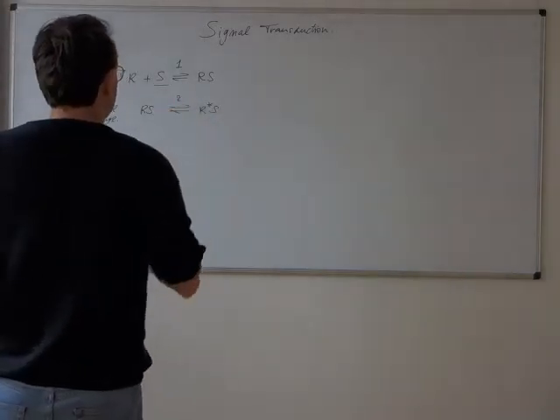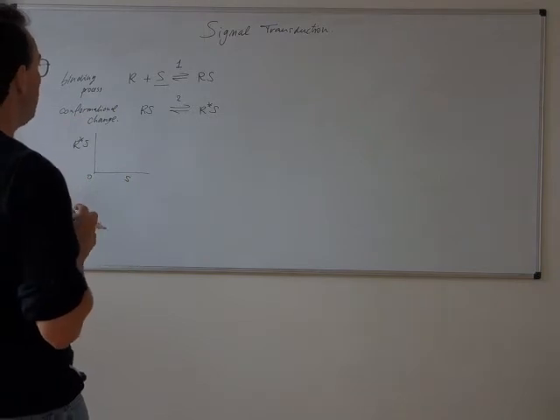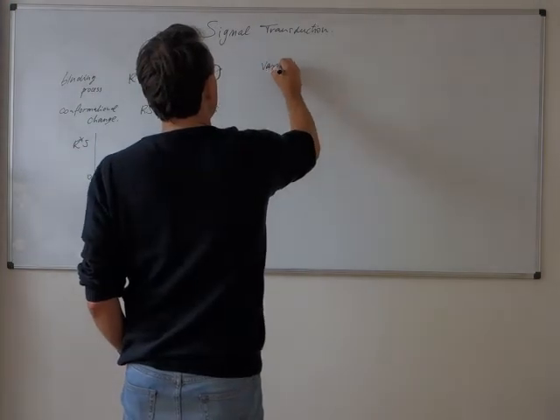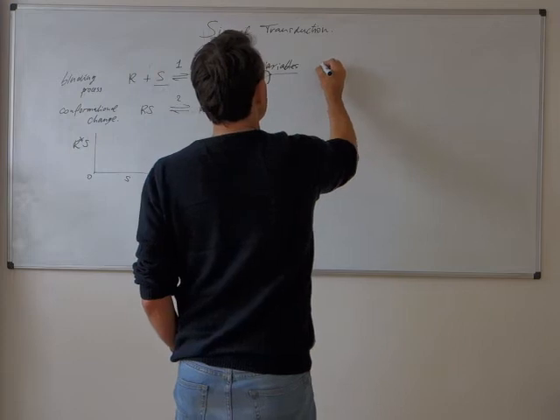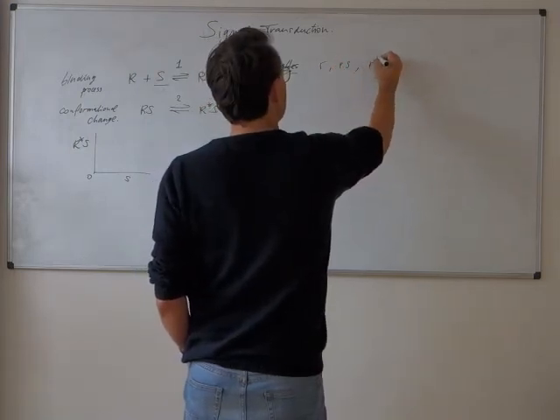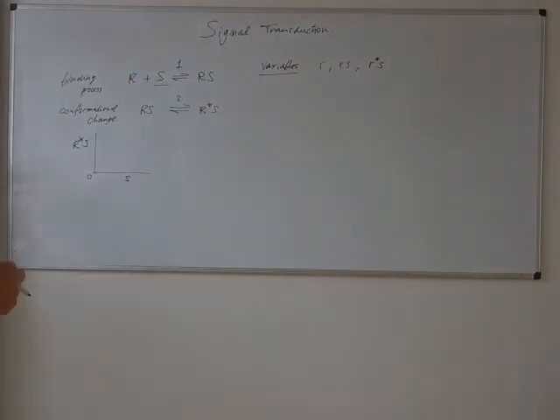Alright, so we have two reactions. They're both reversible, and we have a whole bunch of variables. So what are our variables? Well, these are the variable concentrations R, RS, and R star S. Again, we're going to denote the concentrations of molecules differently than their name.